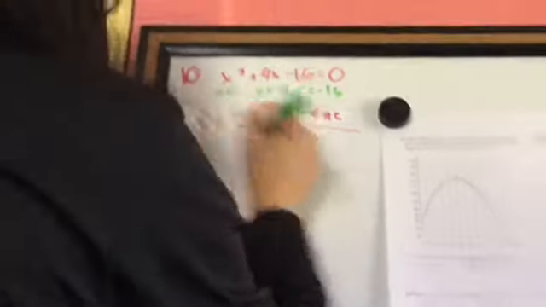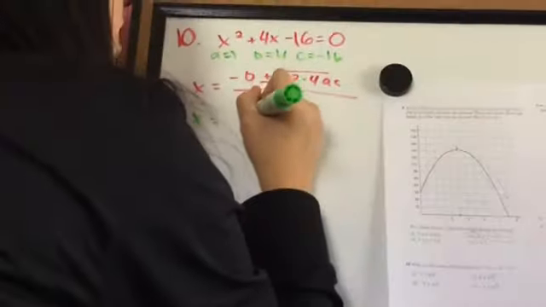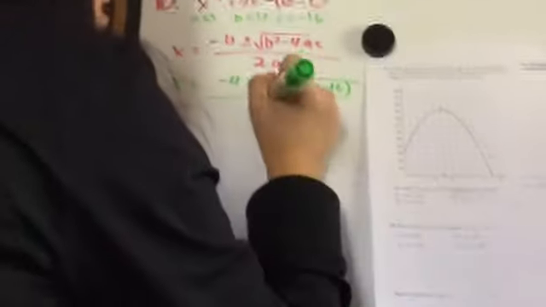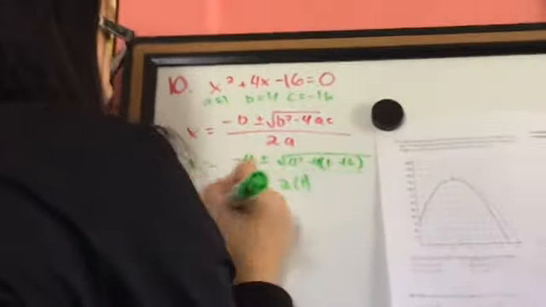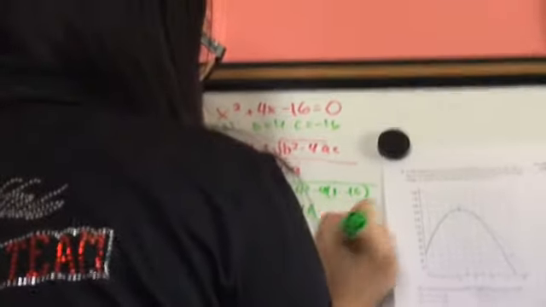So we plug that into this formula. x equals negative 4 plus or minus the square root of 4 squared minus 4 times 1 times negative 16, all over 2 times 1.